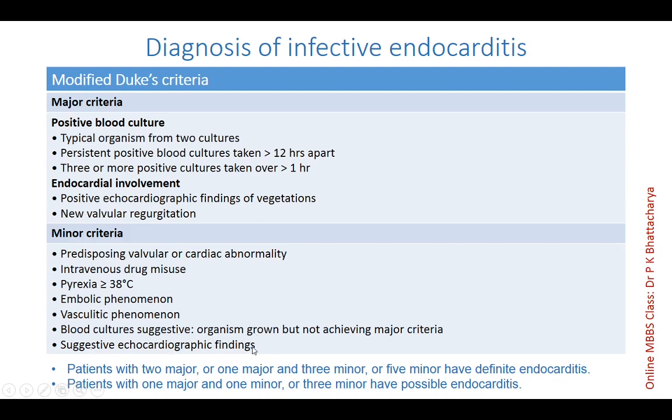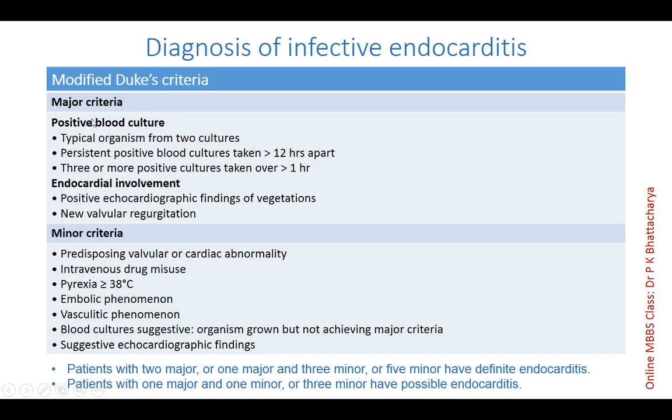And some suggestive echocardiographic findings, but not specific of vegetations. So these are the minor criteria. So we have some major criteria by blood culture and echo or even clinical, and some minor criteria by clinical, blood culture, history and echo.